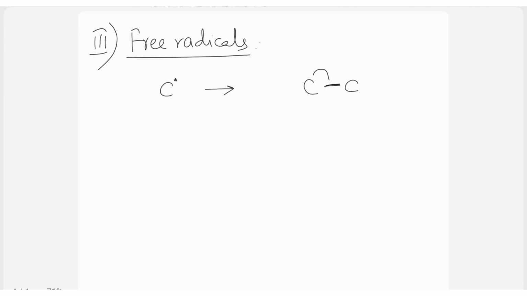When these 2 electrons are equally distributed, I put a different arrow here instead of a complete arrow. It is a half-headed arrow, we call it a fish hook arrow. We use it only when free radicals are formed. So the bond that has 2 electrons is equally distributed among the 2 atoms.